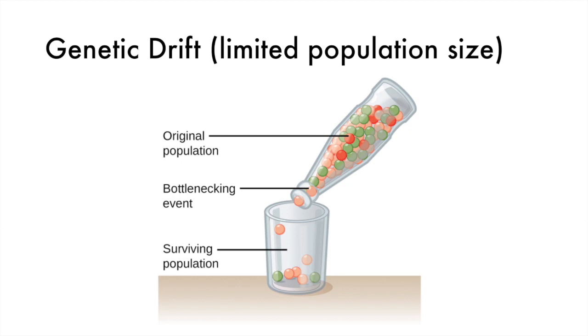What we get in the cup isn't necessarily going to be a representative sample from the bottle. And if you look at the picture, you can see that none of those red marbles are making it into the sample that we've taken. So this sampling artifact is called genetic drift. It's the effect of limited population size.